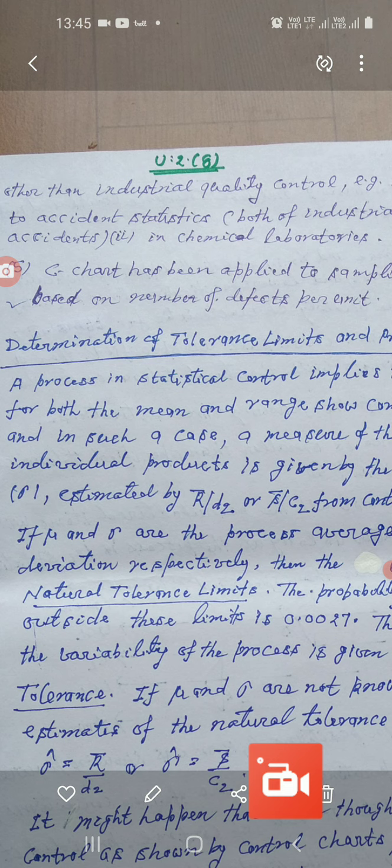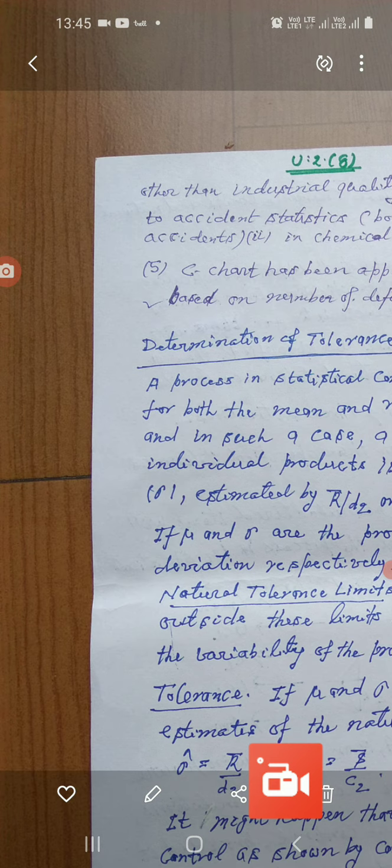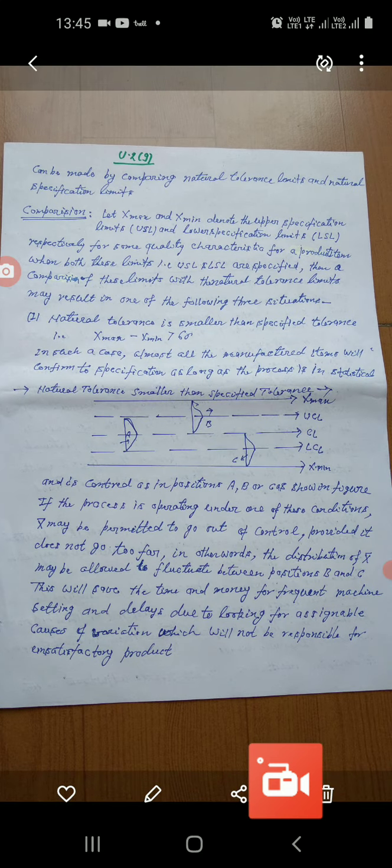Now, a decision whether a process needs adjustment or not, this is the important point, can be made by comparing natural tolerance limit and natural specification limits.